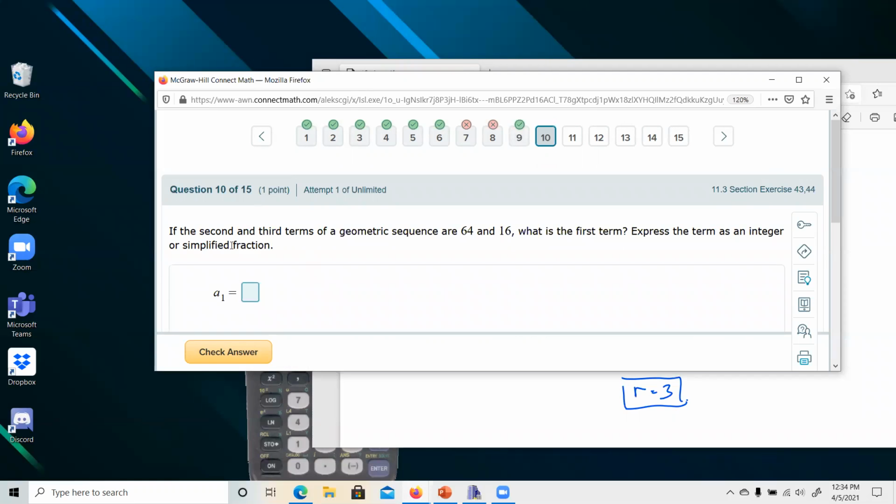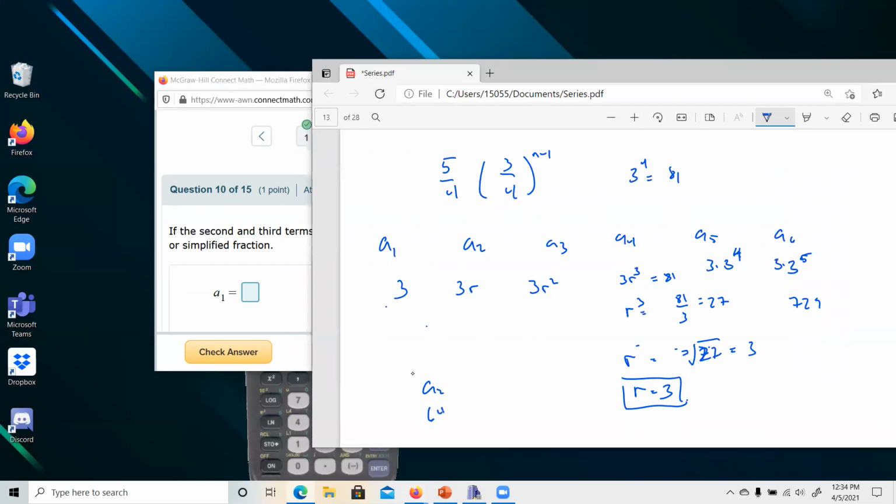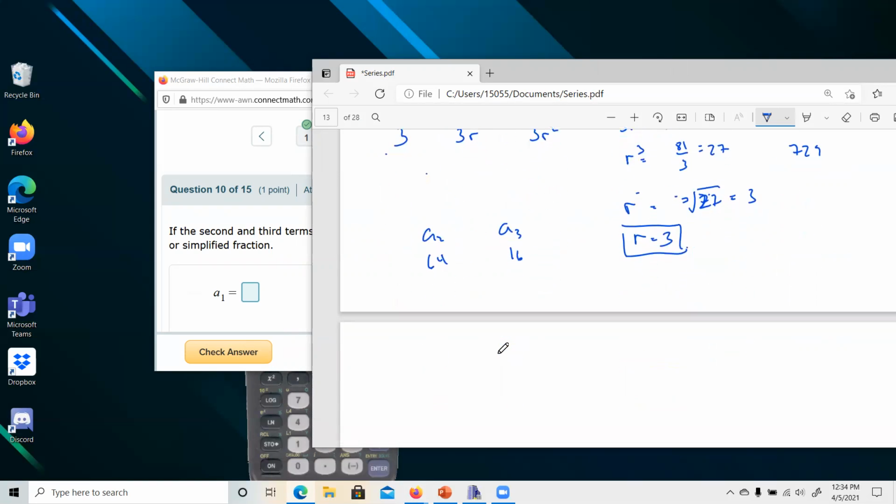So let's see, the second and third terms of a geometric sequence were 64 and 16. What is the first term? Okay, so A2 is 64, A3 is 16. It looks like my r in this case is a quarter.